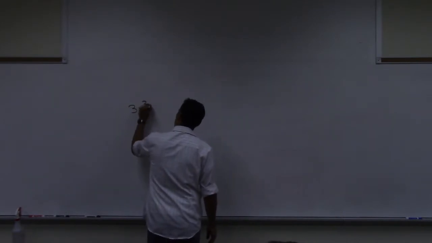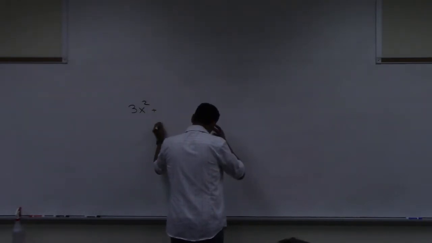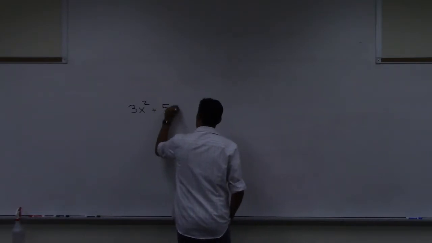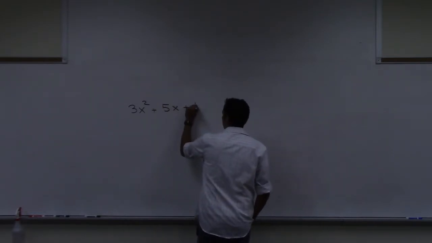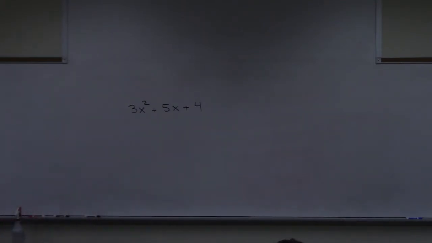3x squared plus. I'm just trying to think of how ugly I actually want this to be. Well, let me give you something that's in line with what you would see in Cal 2. I don't want to baby this down. All right. So let's complete the square on this.